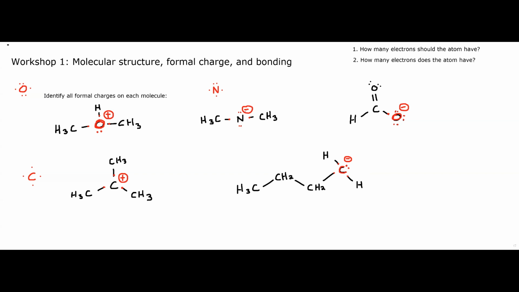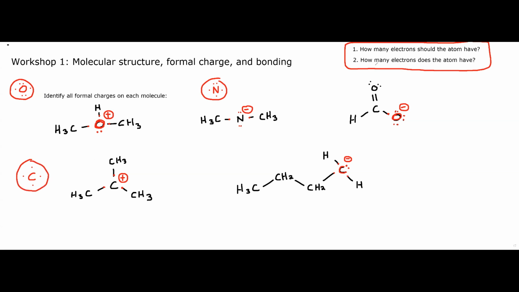So applying formal charges should be quite simple if you remember these 2 questions, and you can refer to a periodic table. If you can do that, then you can easily apply a formal charge to any atom in any molecule. All you have to do is look at the periodic table and find out how many electrons the atom should have, right? Draw its Lewis dot structure, nitrogen, oxygen, carbon, whatever atom you may have.